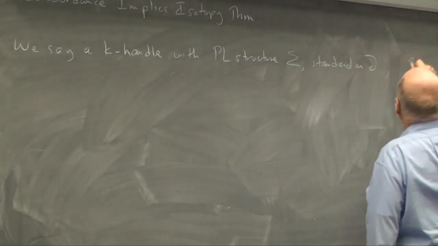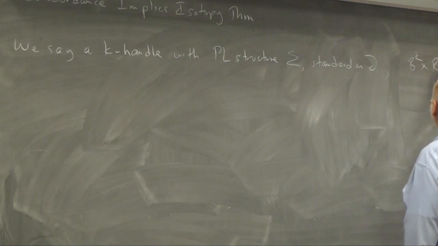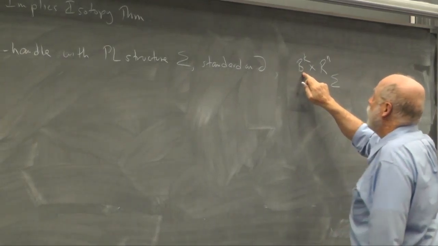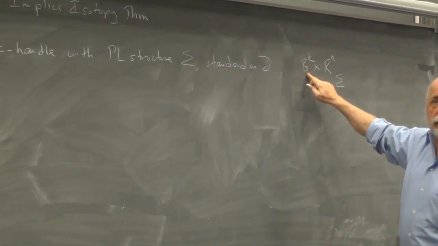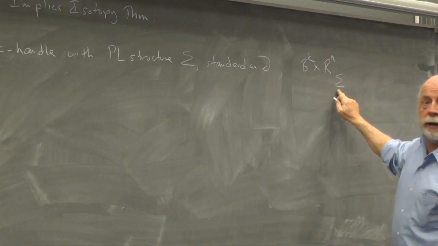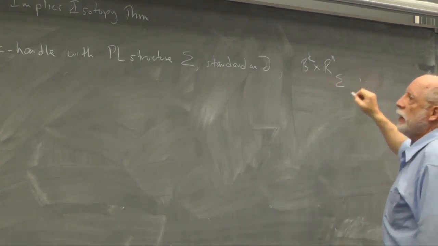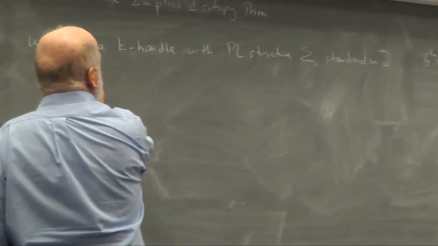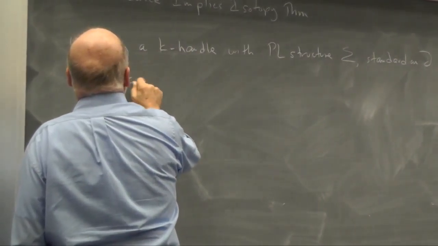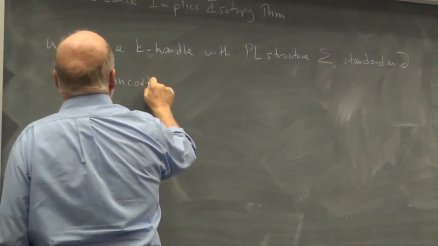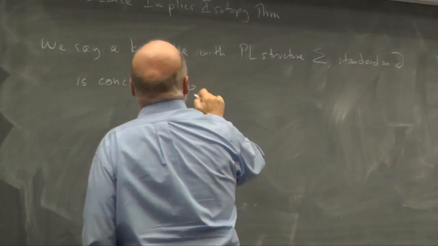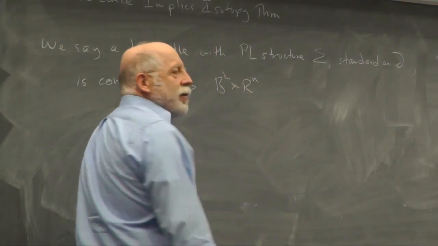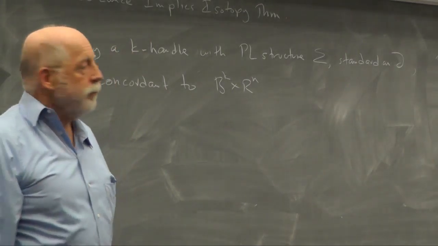So this is B^k cross R^n with the structure sigma. And on the boundary, S^(k-1), or near the boundary, a neighborhood of the boundary, this is the standard PL structure. So you have some PL structure that is concordant to B^k cross R^n. When I don't specify a PL structure, I mean the usual one.